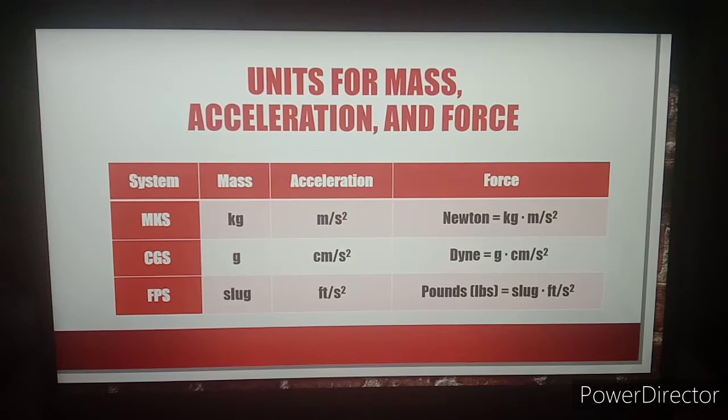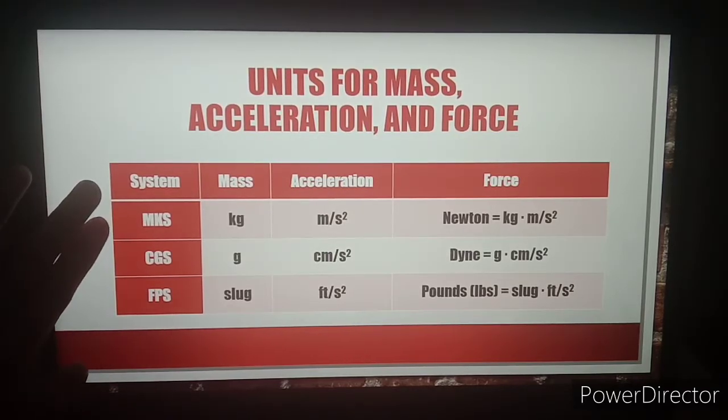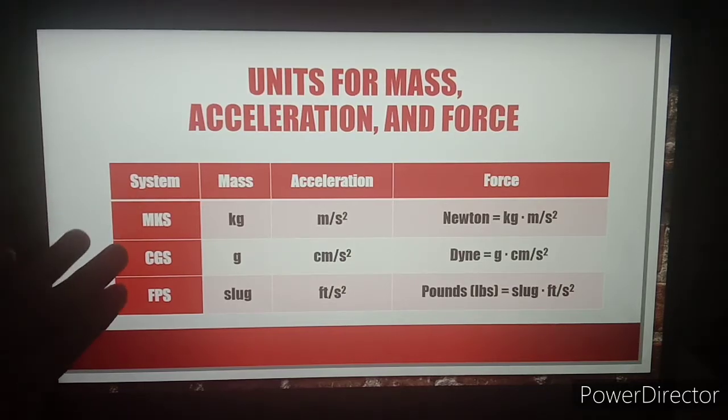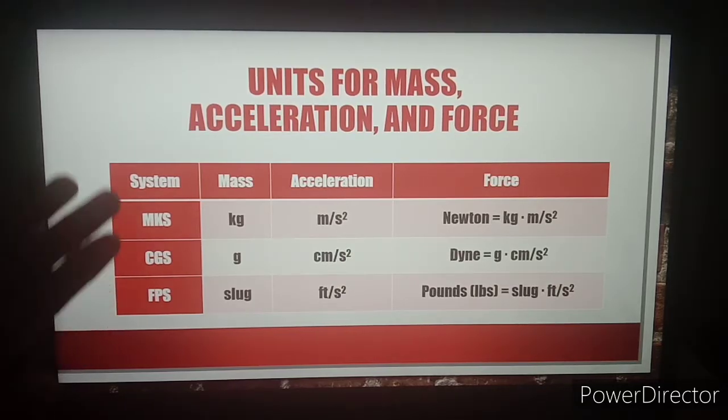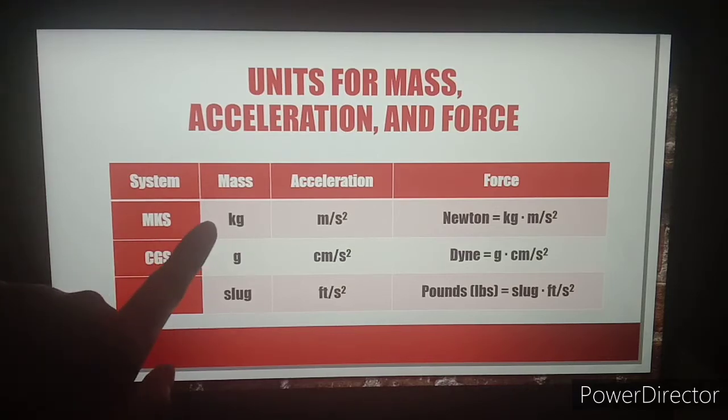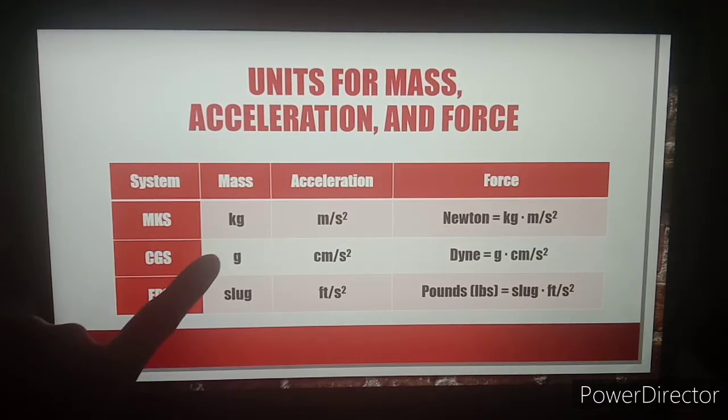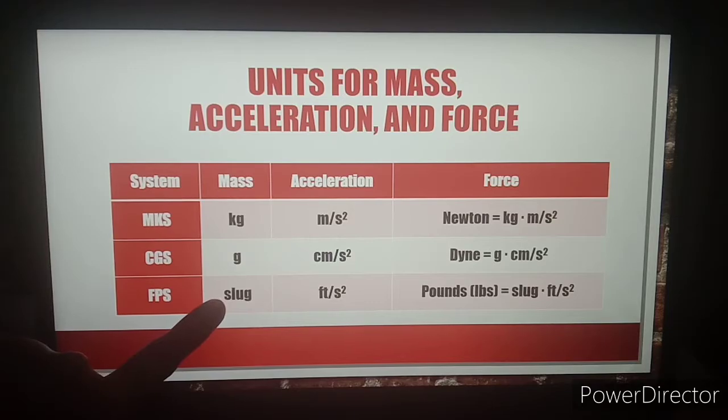So we have here different units that we can use for mass, acceleration, and force. We have different systems: the MKS, CGS, and FPS. For the mass, in terms of MKS, we will use kilograms; CGS, grams; and for FPS, we are going to use slug.